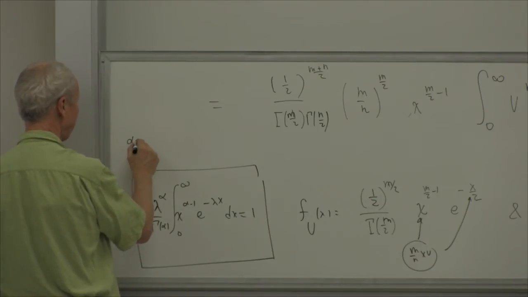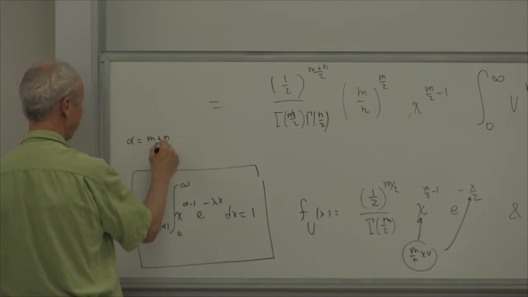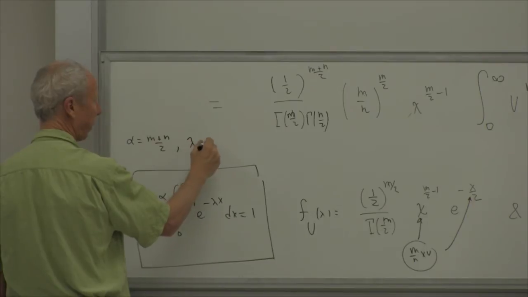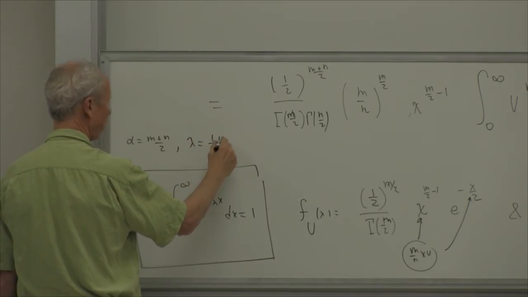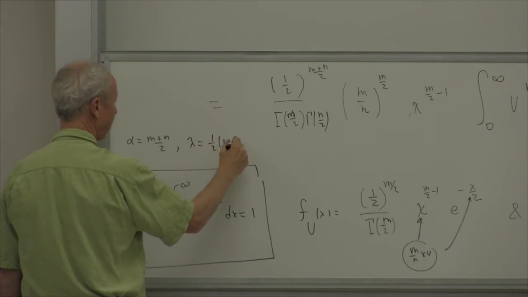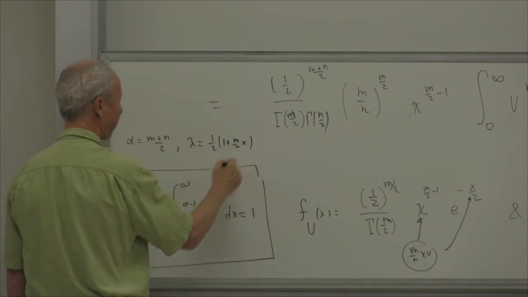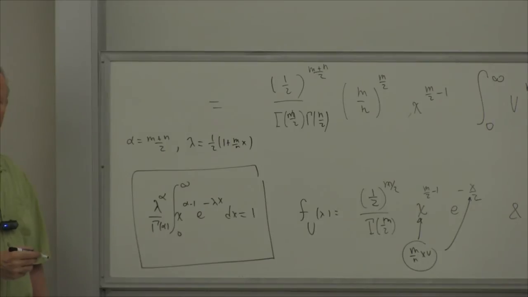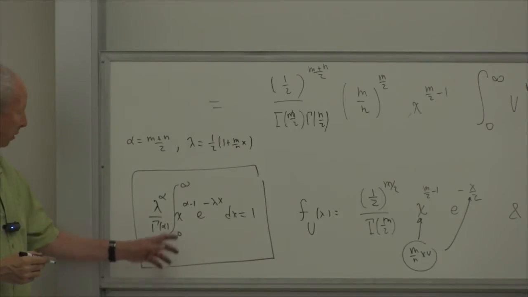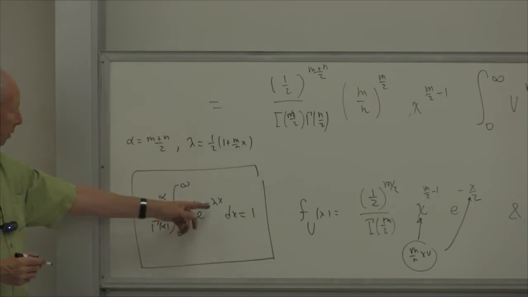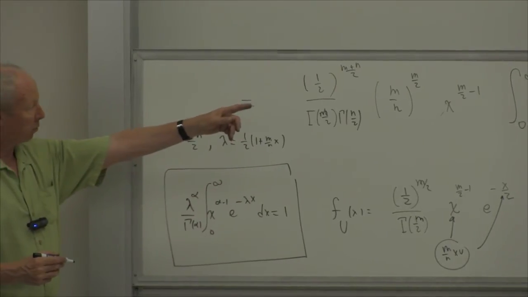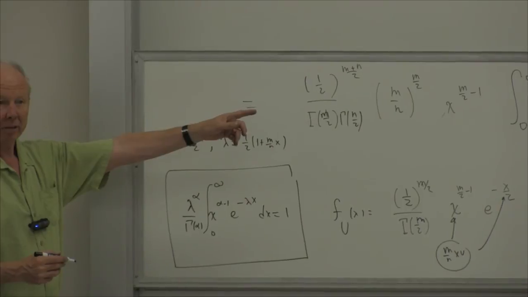Alpha is m plus n over 2, and lambda is 1/2 times 1 plus m over n x. If you compare, alpha is m plus n over 2. Lambda is half times quantity 1 plus m over n x.